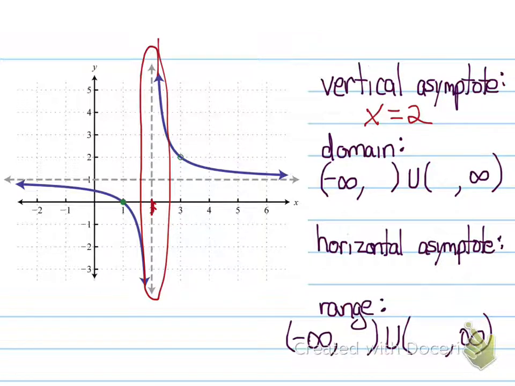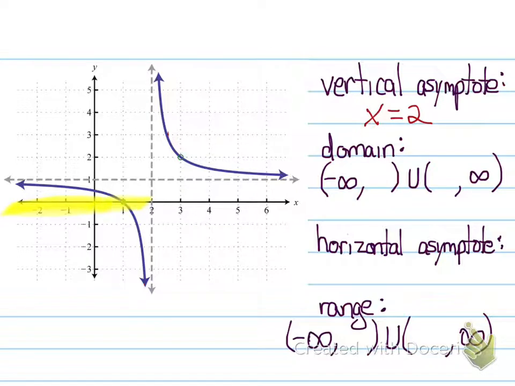Now, when we're talking about the domain, we are referring to all of the x values. But just like we said, an asymptote is that imaginary line which the graph gets close to but doesn't cross. So we are including all of these x values, but we cannot include 2. However, we are including all the x values after 2.